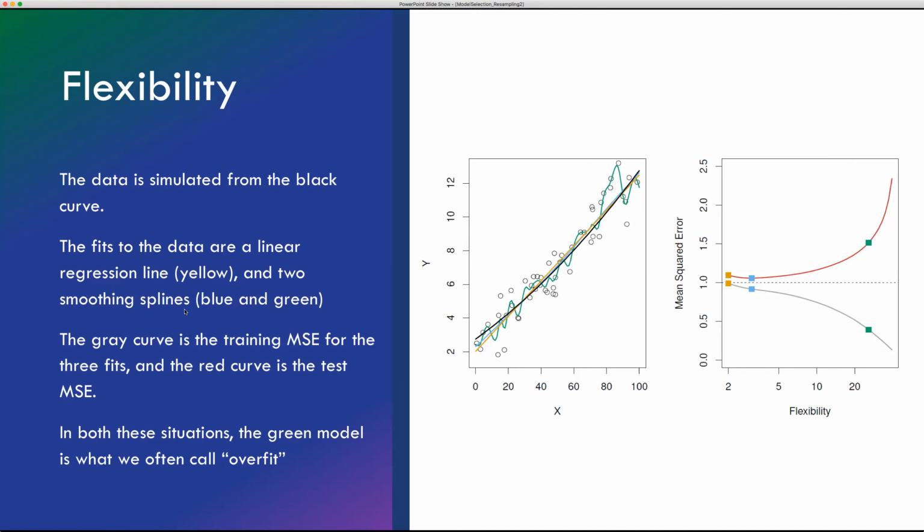The splines are just a smoothing method with different degrees of freedom that control how flexible your model is, like how closely it will track your data.